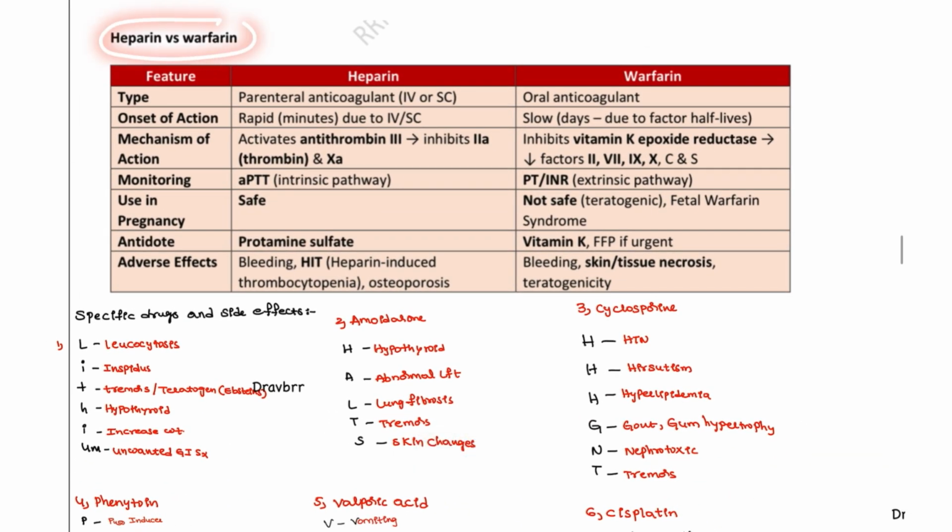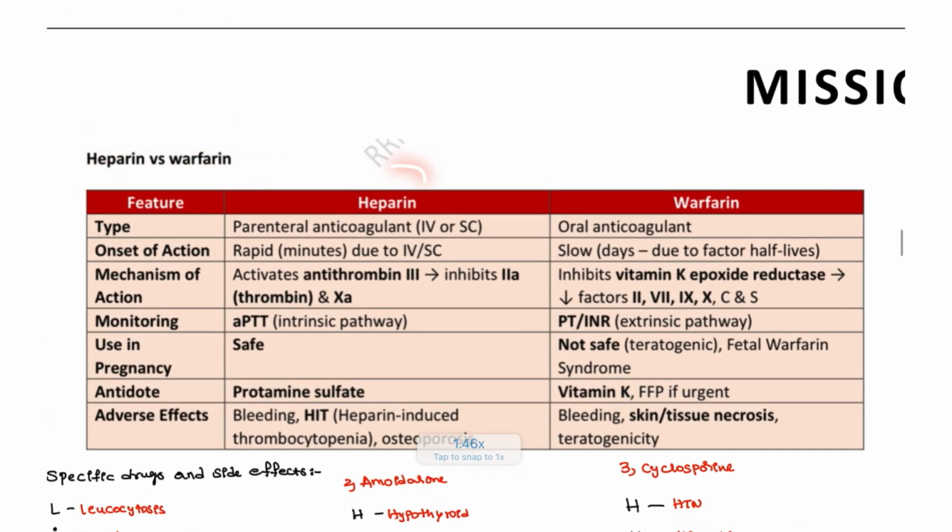Next, heparin versus warfarin. Here you can see heparin is given in IV and subcutaneous form, and warfarin can be given in oral form. Heparin has a rapid action via IV. It activates antithrombin 3 and inhibits factor 2A and factor 10A, so that clot formation will be prevented.